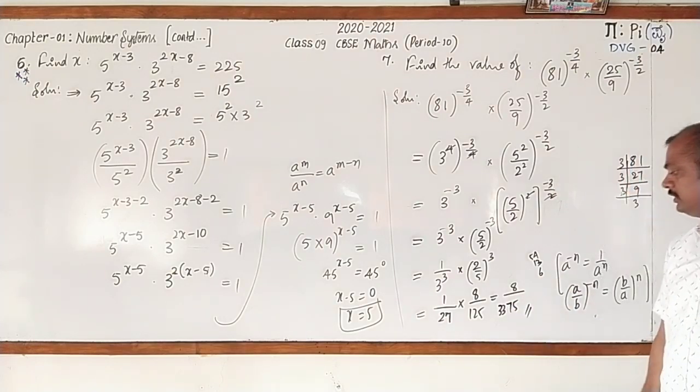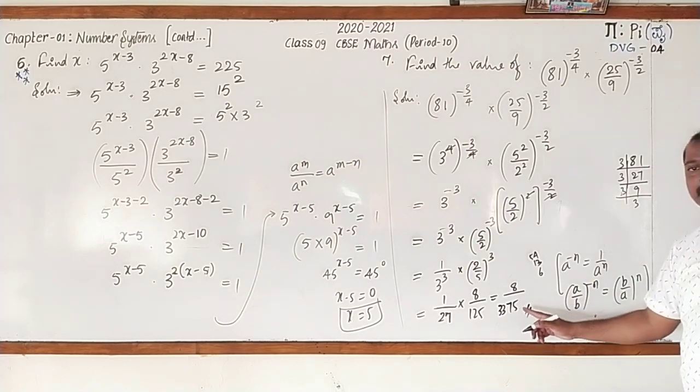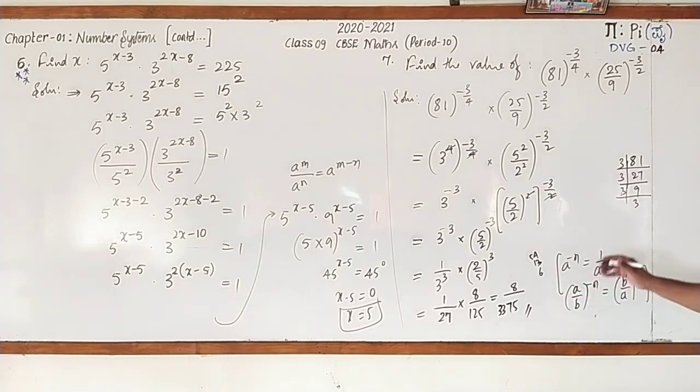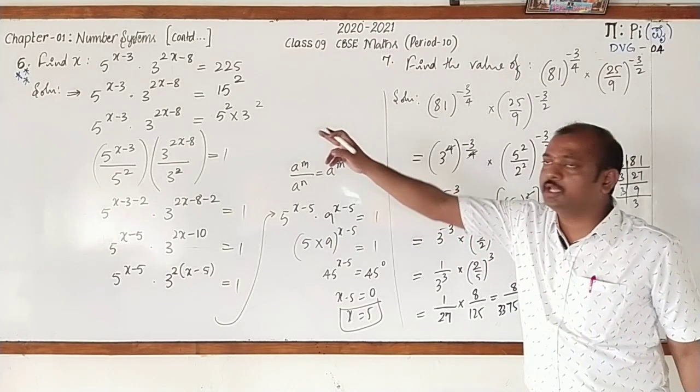So 3,375. So 8 by 3,375. Okay. And now you just go for copying from there to here.